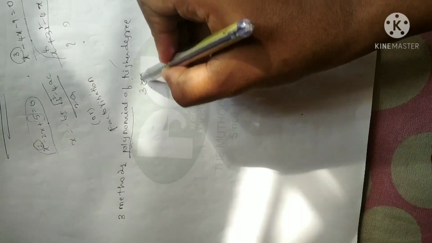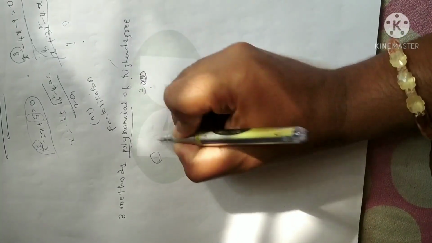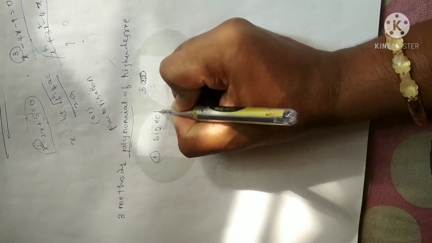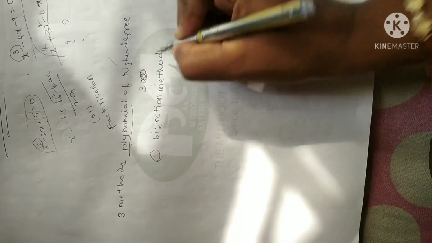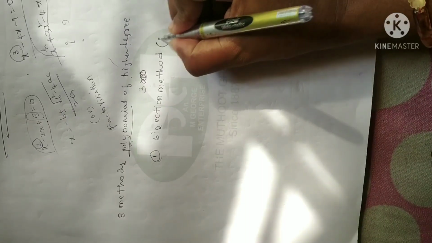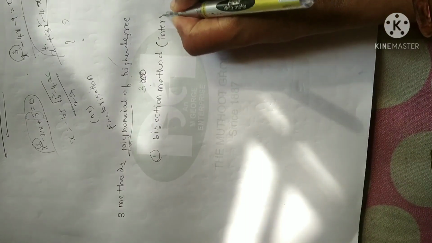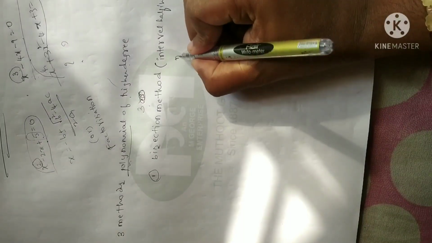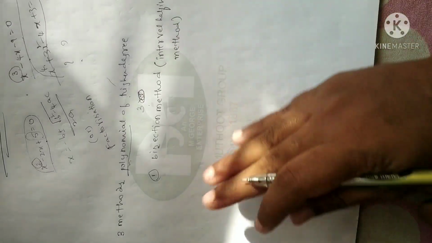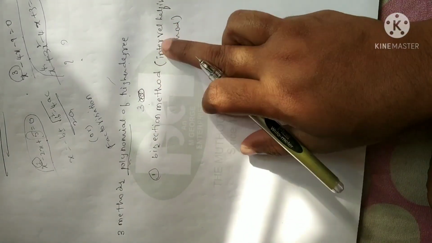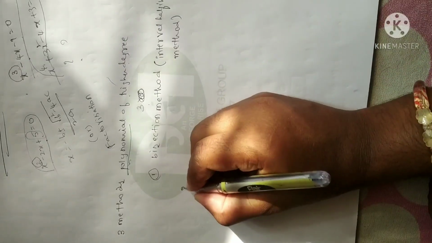First method is the bisection method. One more name for this is the interval halving method. In the sense we are going to halve, dividing it into two. So we can say interval halving method or bisection method.